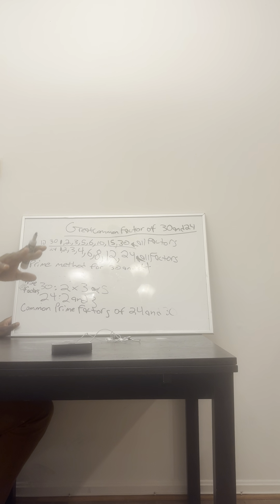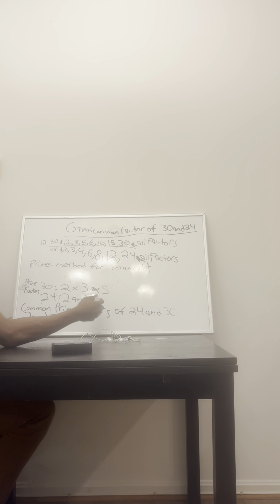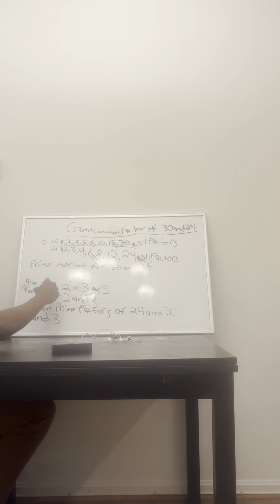Check. What numbers do you see? I'm going to call on you. Nice, good job. 2 and 3. So how come 5 isn't a common prime factor? Because 30 is only divisible by 5 and not 24 as we listed in the first step. Nice, class. So our common prime factors will be 2 and 3.